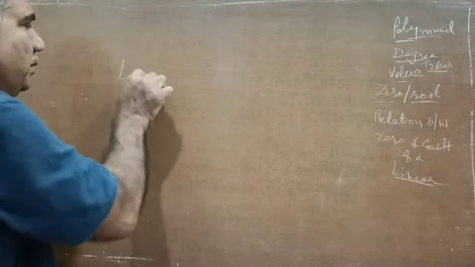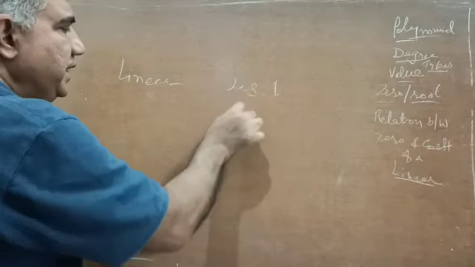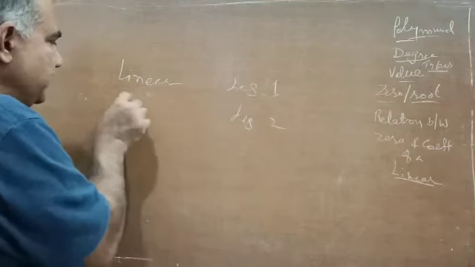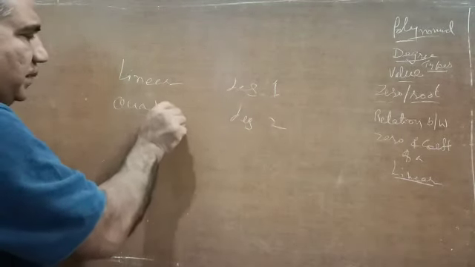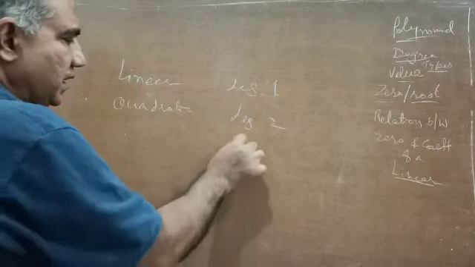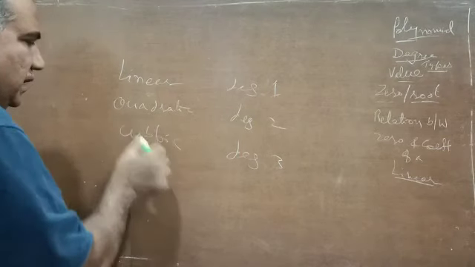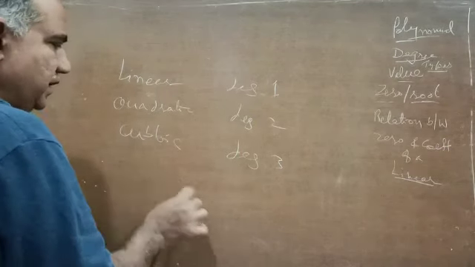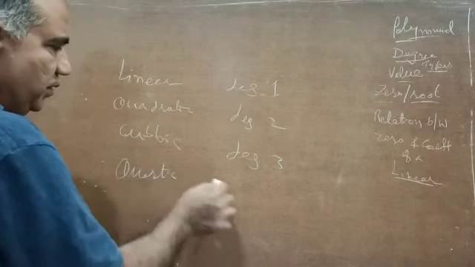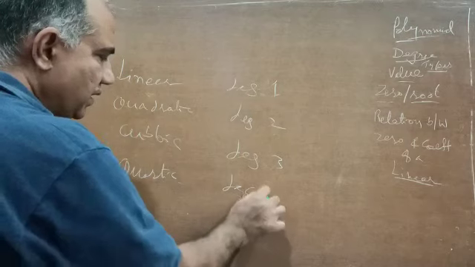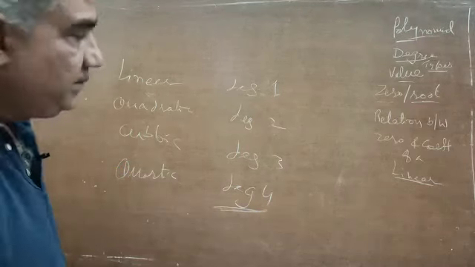Now on the basis of degree, the polynomials are divided like this. You have linear polynomial, degree is 1. If degree is 2, we say it is quadratic. In a cubic polynomial, degree will be 3, and a quartic polynomial has degree 4, and this degree 4 polynomial is also called biquadratic.